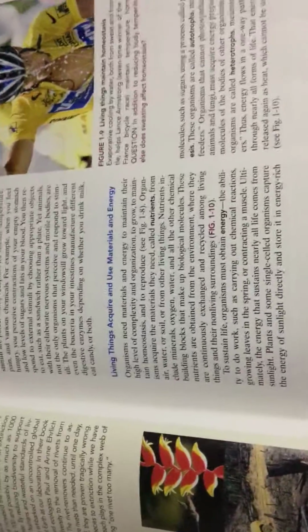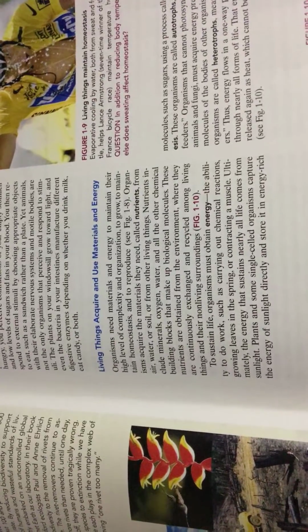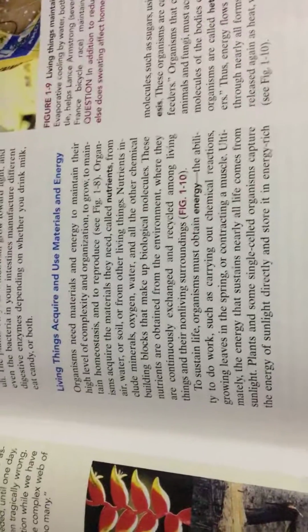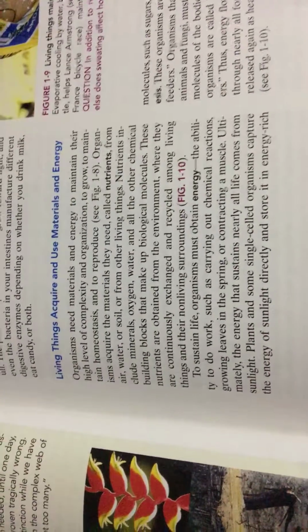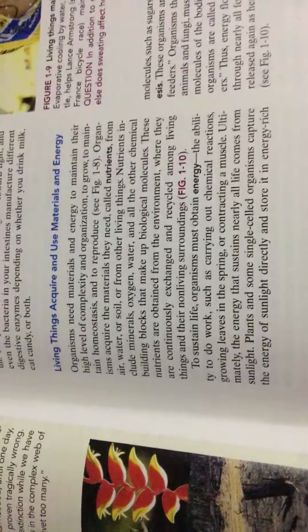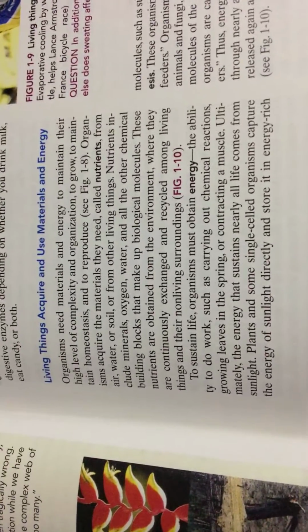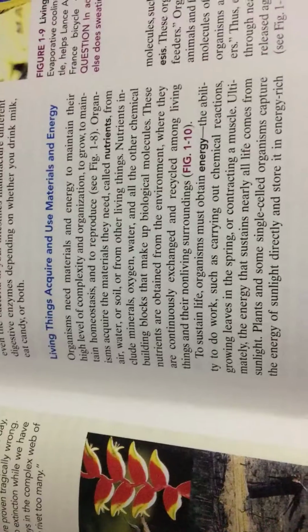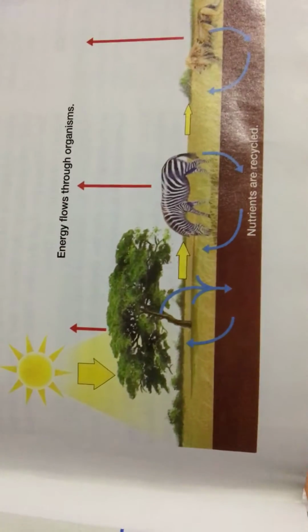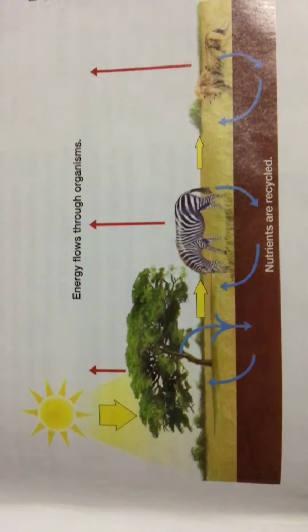So this basically goes over that statement that living things acquire and use energy and materials, which nutrients is one, where we get from food, which our digestive system is good for, of course. Energy, plants, of course, use their leaves and photosynthesis for that.